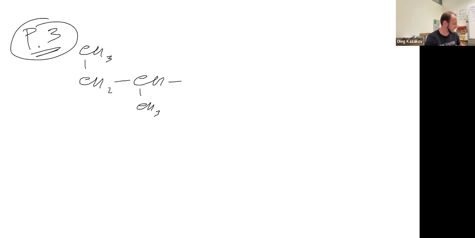Then we have the so-called quaternary carbon, because it has 4 substituents other than H attached to it. So C, CH2, CH3. Then we'll have another ethyl, CH2, CH3. There's going to be quite a bit of writing going on, but it's okay.